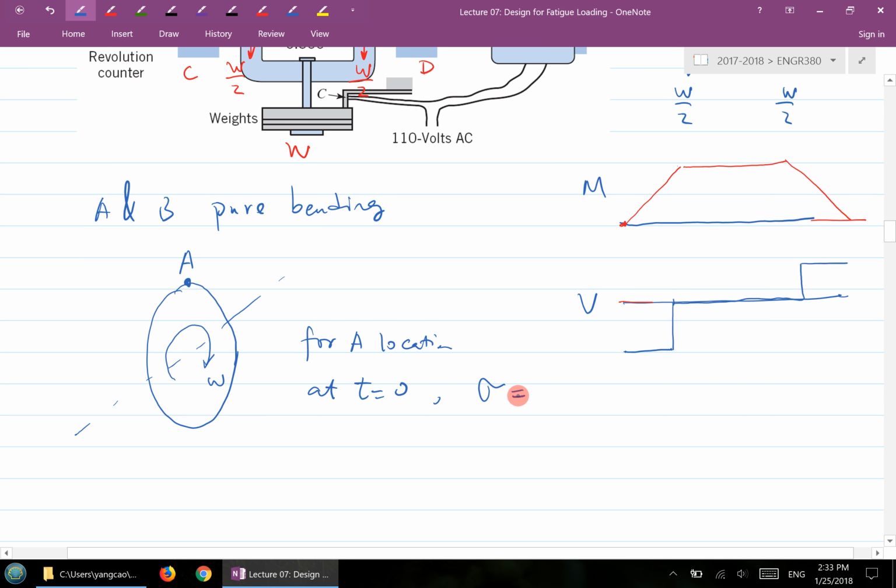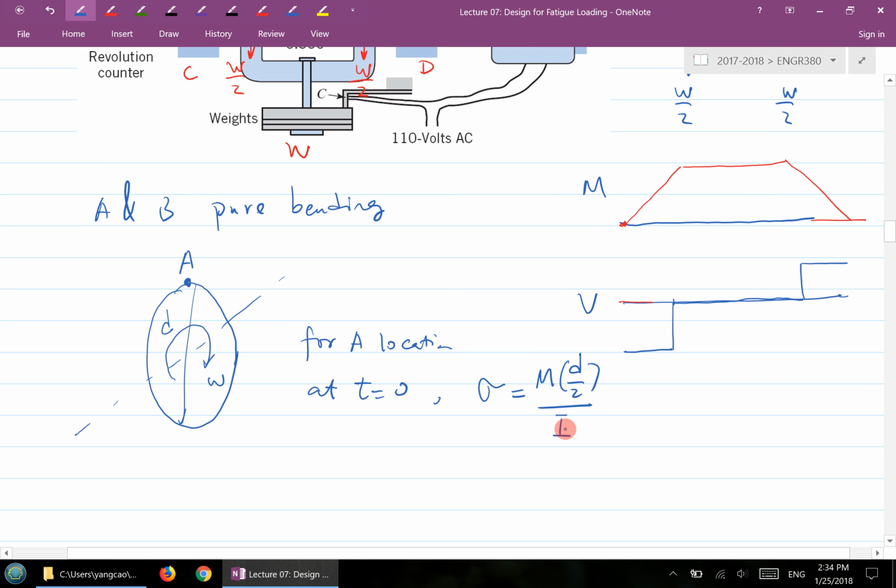Remember there's only bending, so if the bar has a diameter d, the stress at A location equals M times y divided by I, right? So that's how much normal stress there is at A location initially.